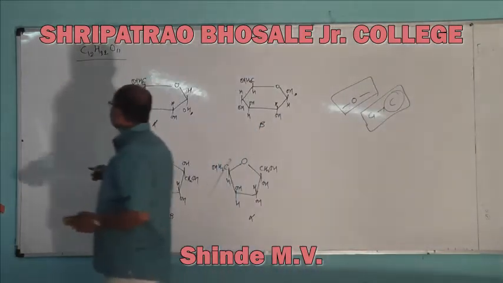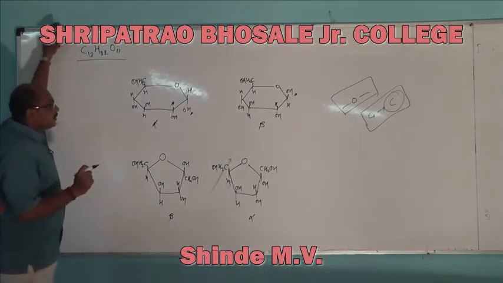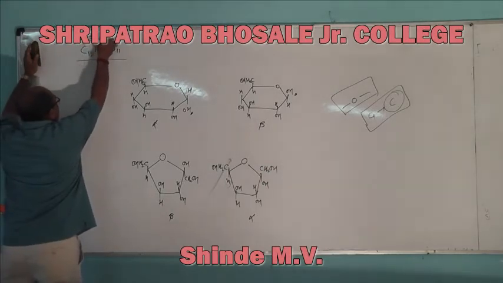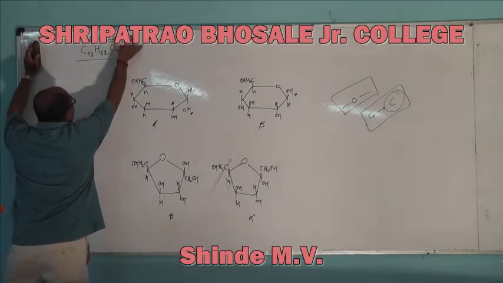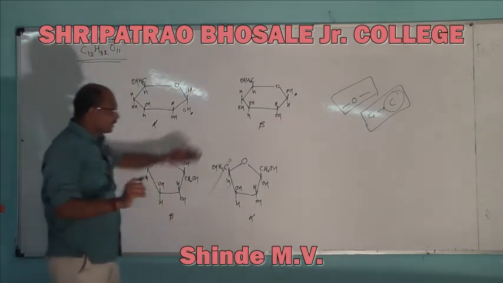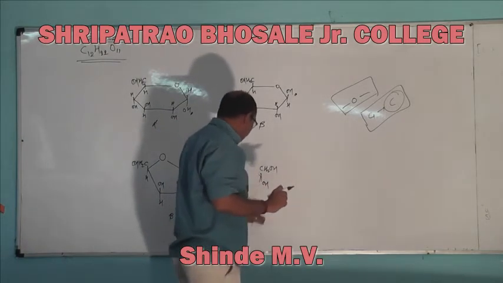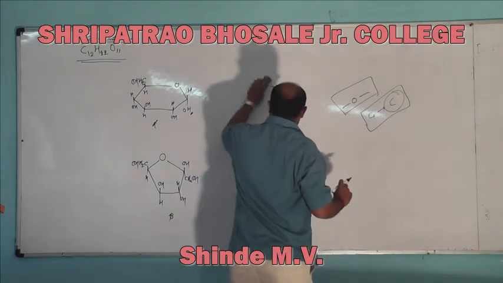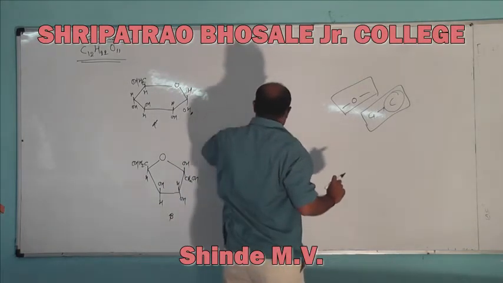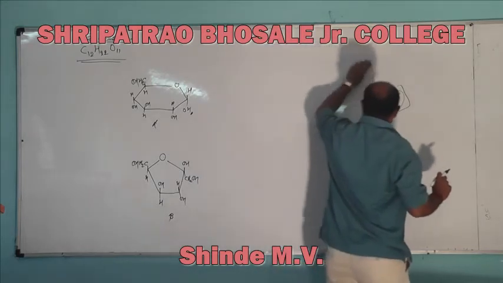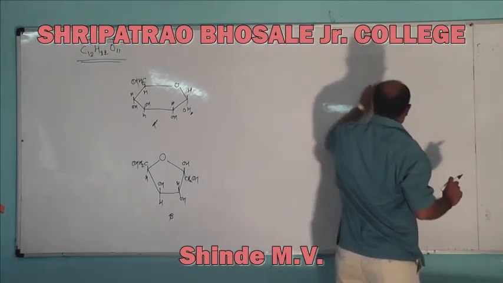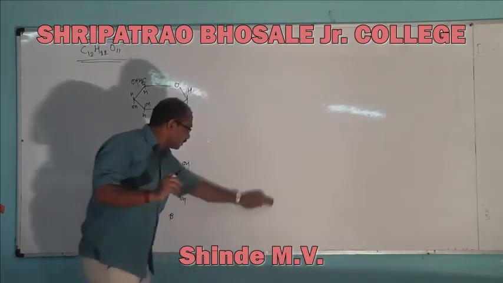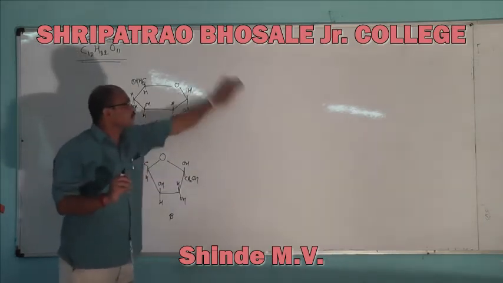Firstly, this disaccharide is sucrose. Sucrose has the molecular formula C12H22O11, which on hydrolysis gives two monosaccharide units, one glucose and another fructose.